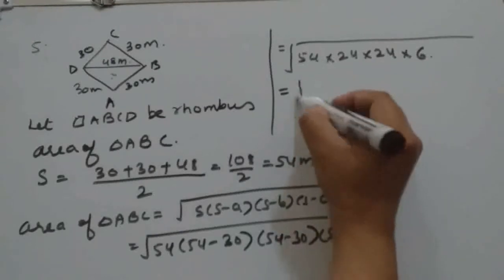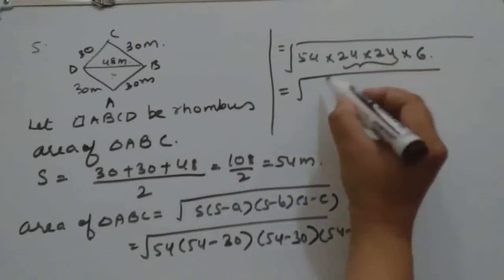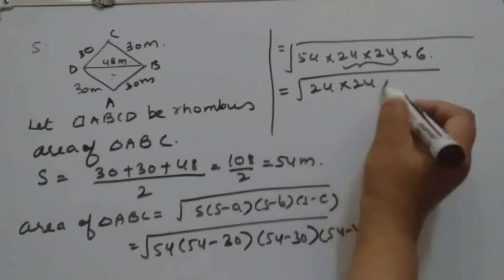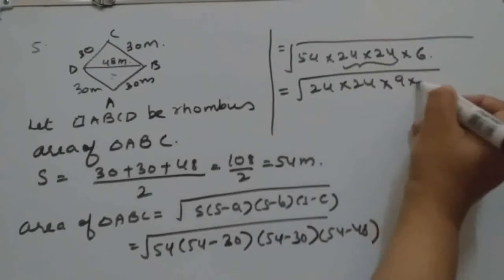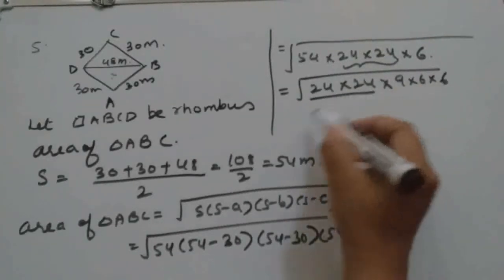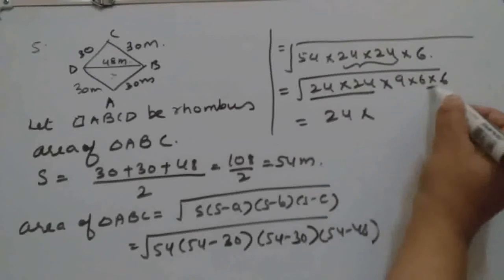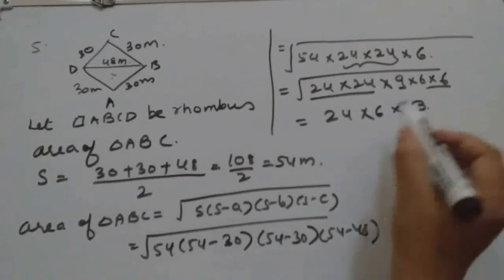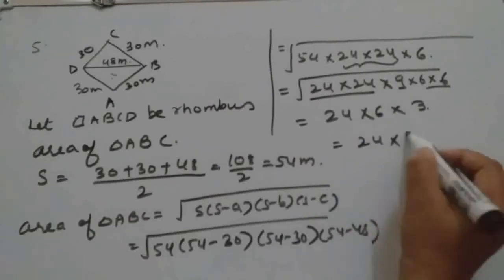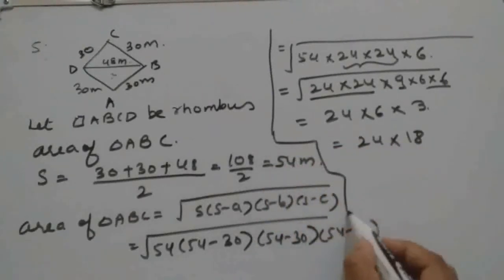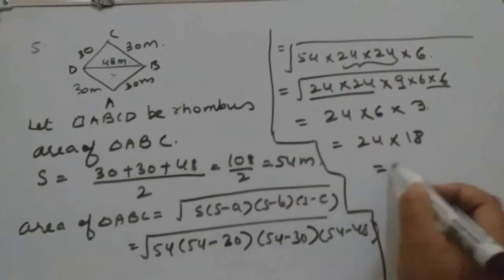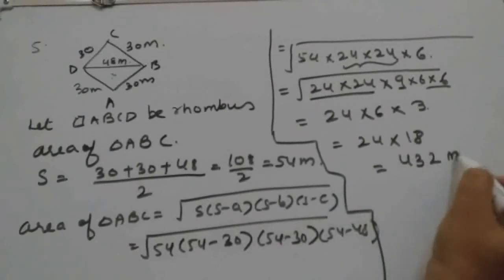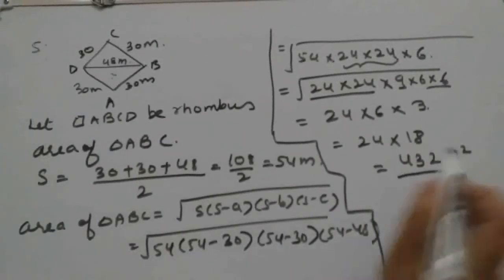Okay, so what we can write? This 24 as a pair we will write as it is. 54 we can write 9 into 6. So see, 24 has pair, it will come out. 6 has pair, it will come out. 9, square root of 9 is 3. So 24 into 18. So it will give 432 meter square. So this is the area of one triangle.